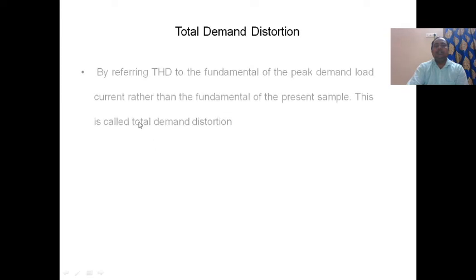Total demand distortion: by referring THD to the fundamental of the peak demand load current rather than the fundamental of the present sample, this is called total demand distortion.